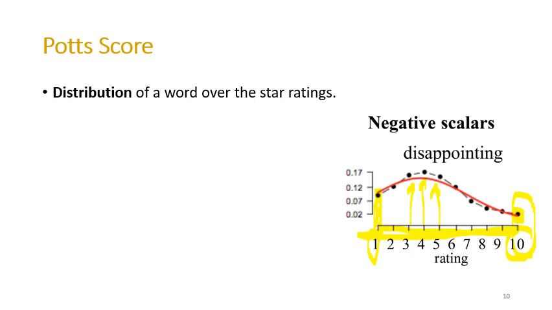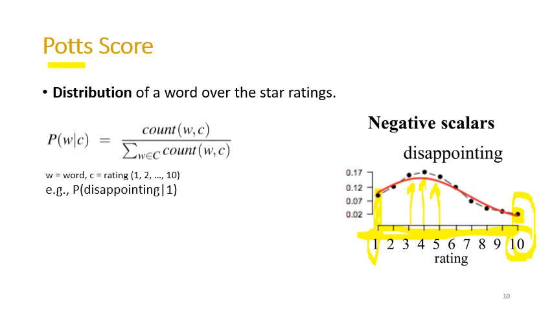By the way, this kind of score is called Potts score. Okay. So first, we try to compute the probability of a word appearing in a particular rating. Here, let's say I'm going to find out the probability of the word disappointing to appear given that the review has the rating 1.